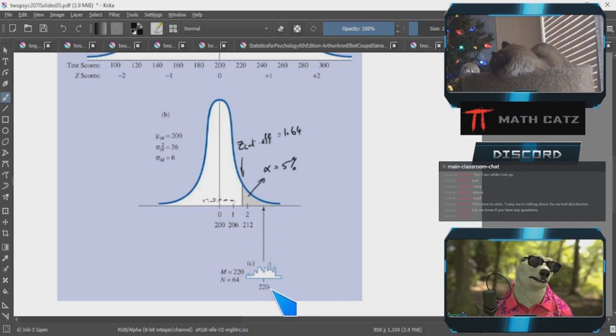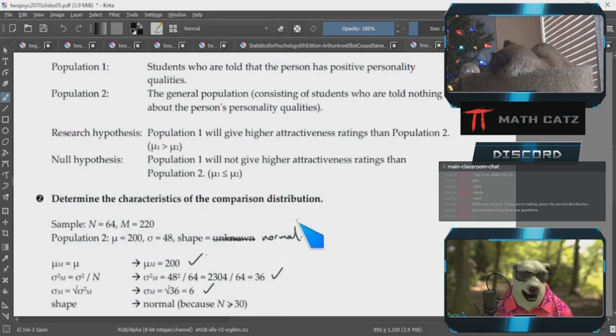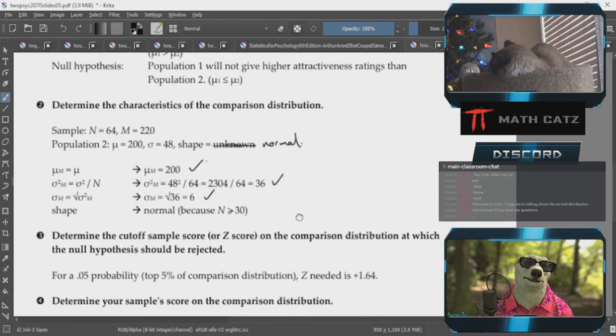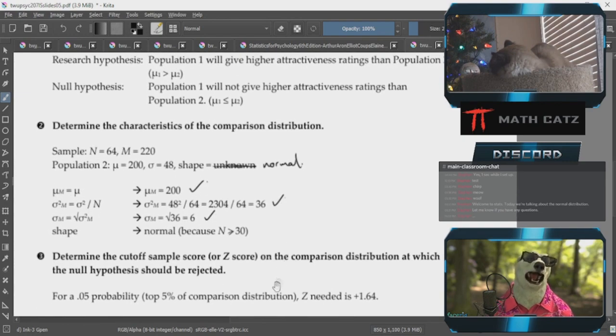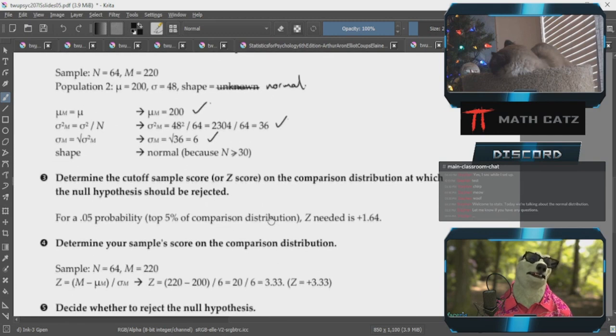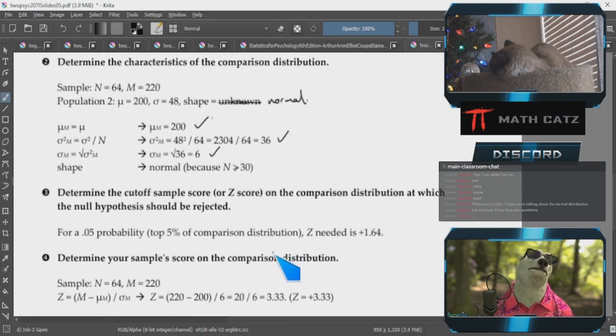We now look at our sample. Our sample gives an average, a sample mean score of 220. Where does that sit? Well, let's just do a calculation and then visualize this again. So we have our cutoff. We decide on a 5% confidence level. We do our sample.